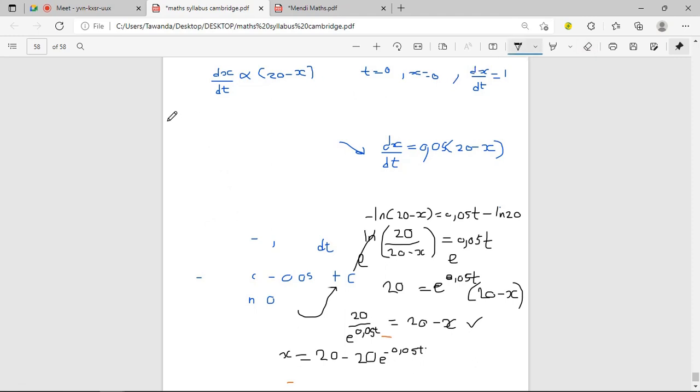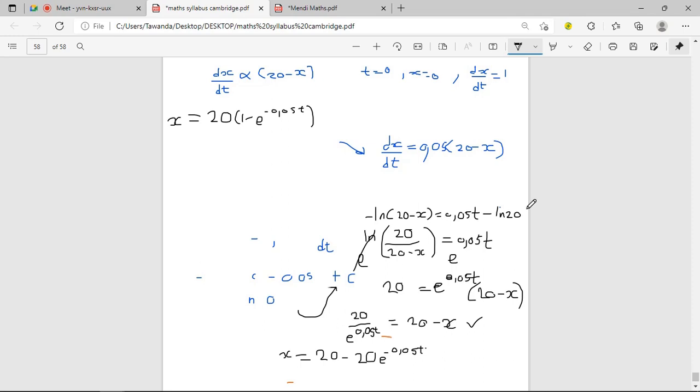So finally, our x is going to be 20, open bracket, 1 minus e to the power of negative 0.05 t. Right? Yes. So that is our simplest.